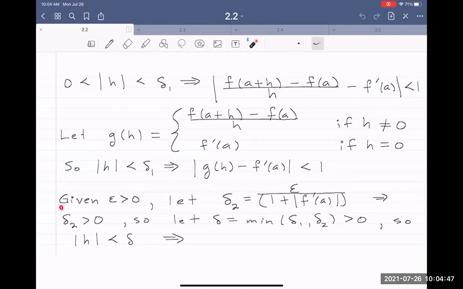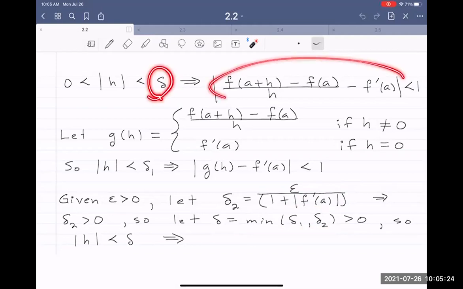So given epsilon greater than 0, let delta 2 equal epsilon over 1 plus absolute value of f prime at a. Well, this absolute value is greater than or equal to 0. Add 1 to it, it's greater than 0, so I'm never dividing by 0. Positive divided by positive is positive, so this is greater than 0. So let delta be the minimum of delta 1 and delta 2.